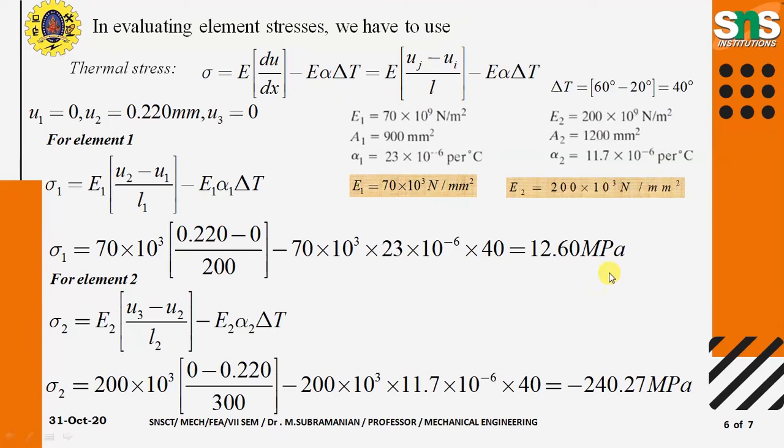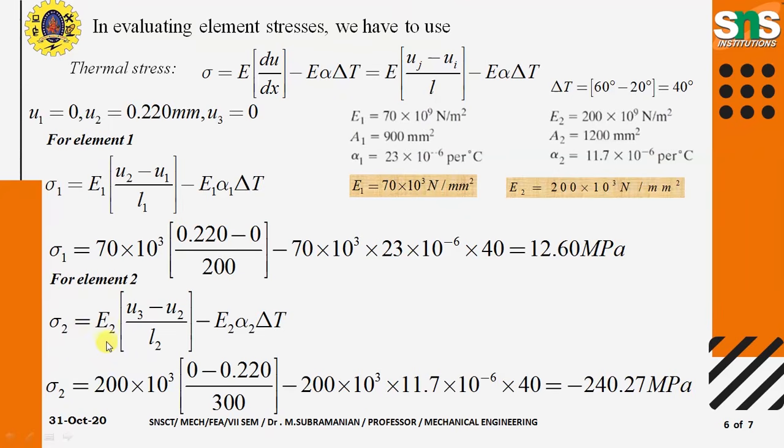We have obtained the element stress for element 1 as 12.60 megapascal.